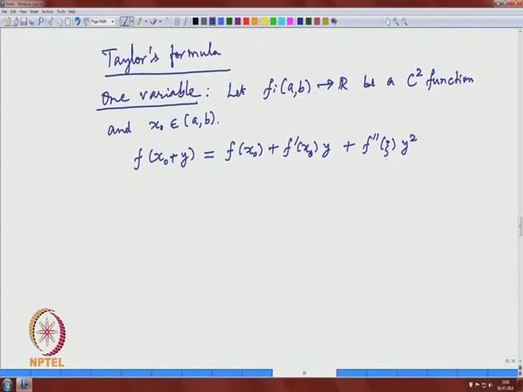So, this j is a point between x 0 and y.